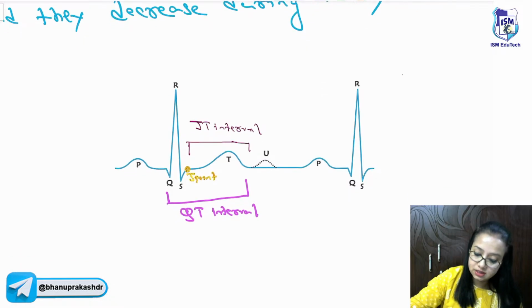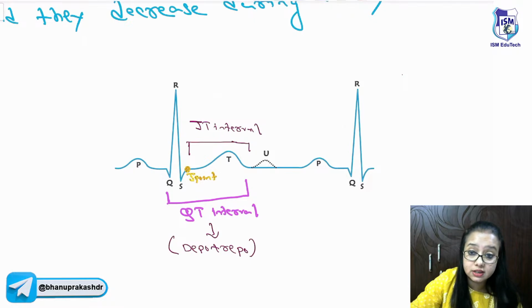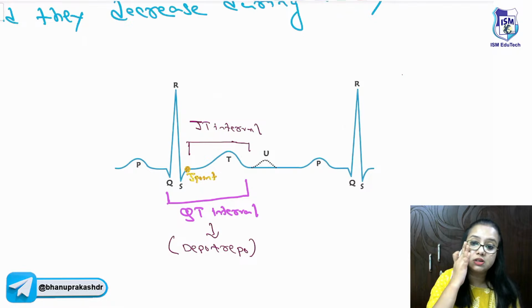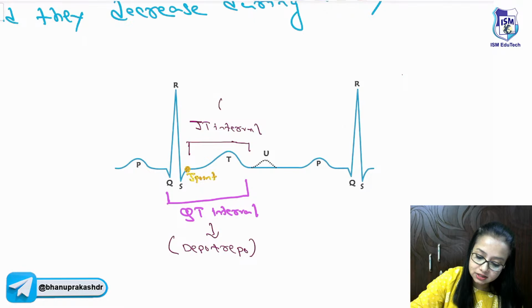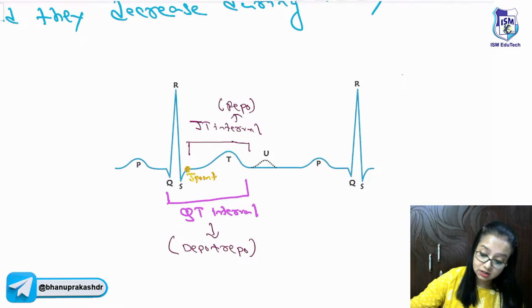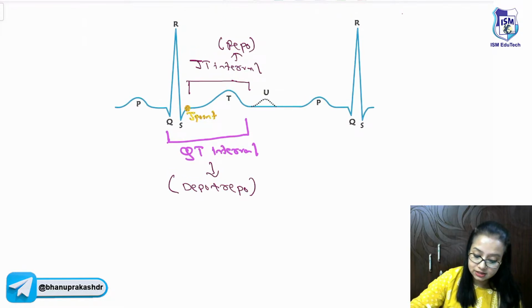QT is depolarization plus repolarization, though it is used mainly to study the repolarization. That is the reason why I wrote it is mainly to study the repolarization. Okay, and JT interval is the repolarization of the ventricle. So clinically, JT interval is more significant than QT interval in studying the repolarization of the ventricle. And why is repolarization of the ventricle essential?